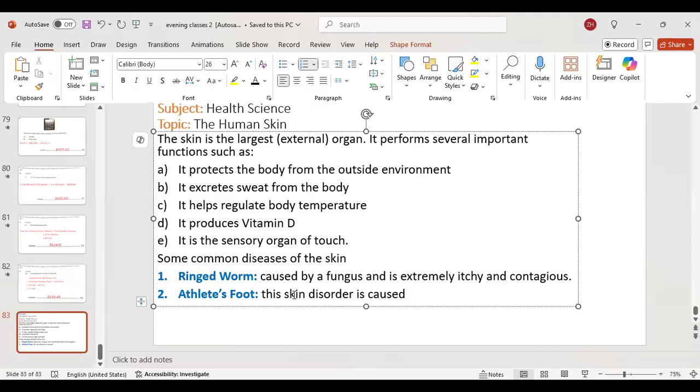Y'all going with fungus again? Yes, sir. Or y'all going with virus? It is caused by a fungus. Very good. Y'all ain't getting fooled twice.